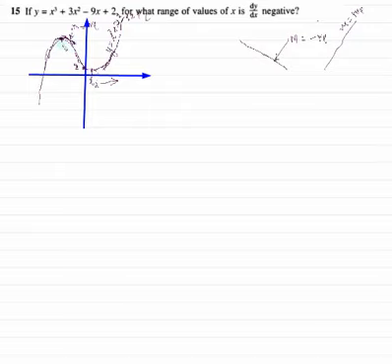So what it's asking is, let's say you have a maximum point with x coordinate x1, and the minimum point with x coordinate x2.